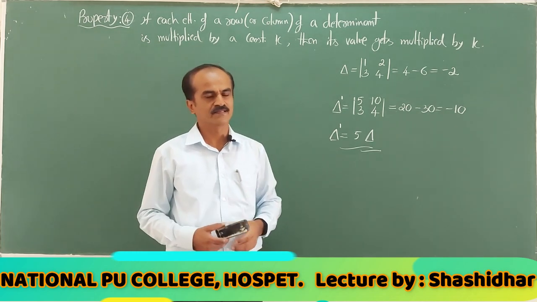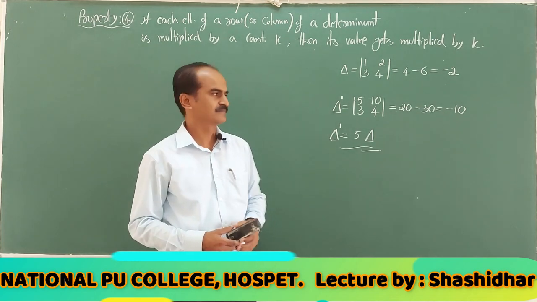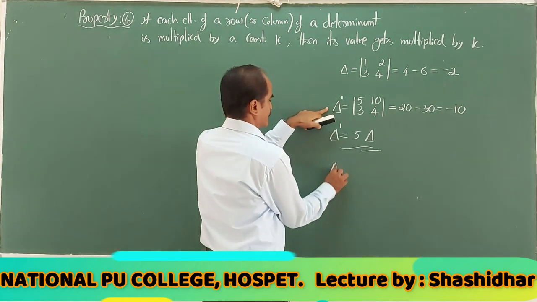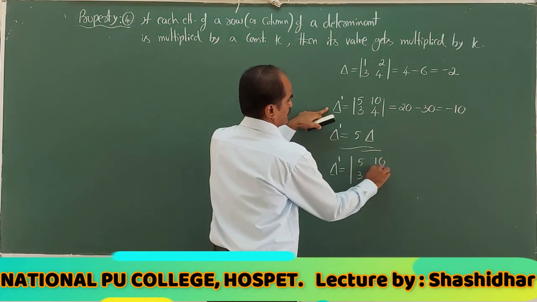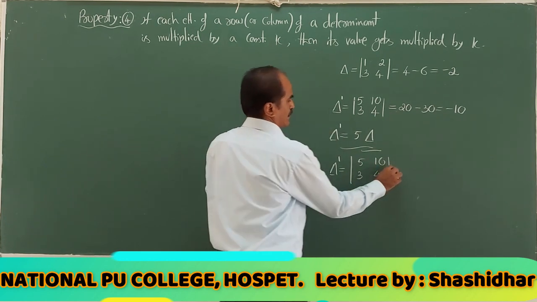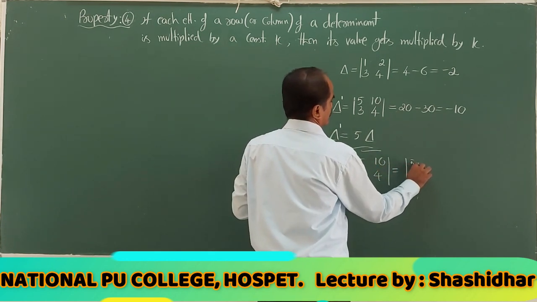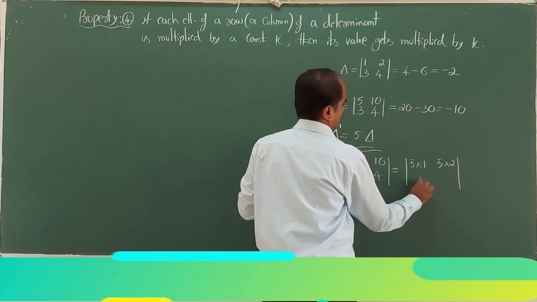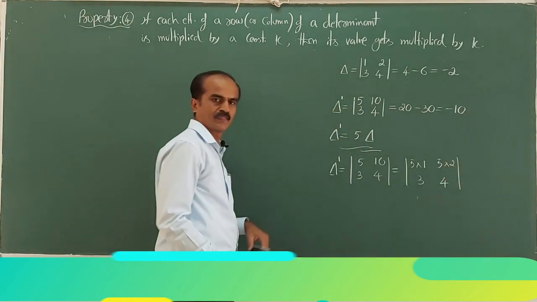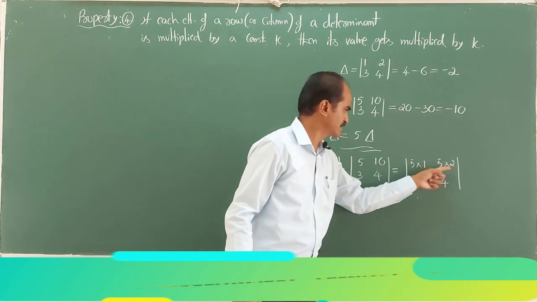We can understand this in another way also. I consider this delta dash. It is 5, 10, 3, 4. I rewrite this as 5 into 1, 5 into 2, 3, 4. Look at the first row elements.